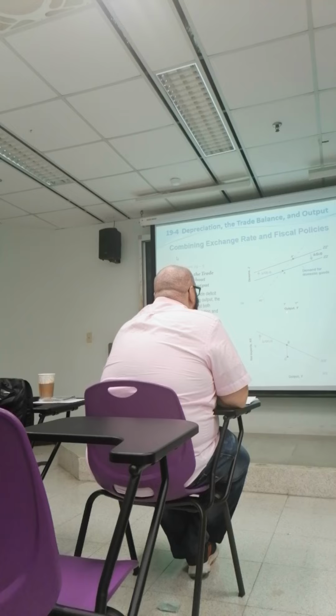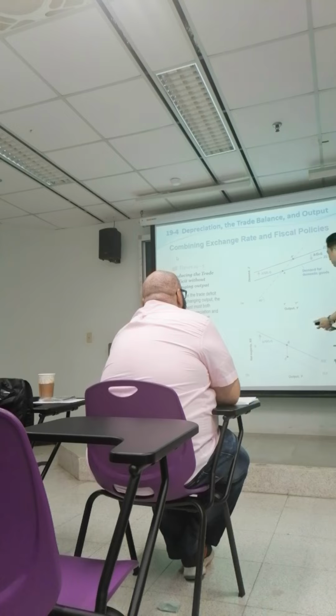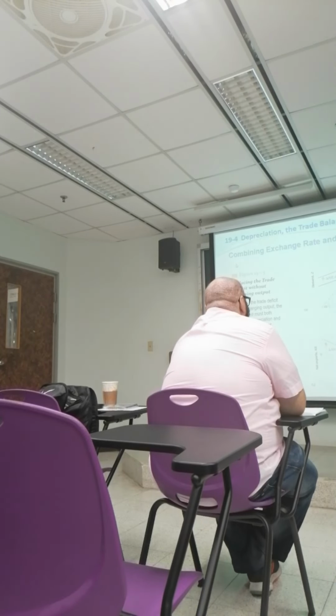Okay, if you do it smartly, but usually you cannot be this good, right? Theoretically speaking, if we can lower the real exchange rate, we can just do this, okay? And then we can shift the NX line upward like this.